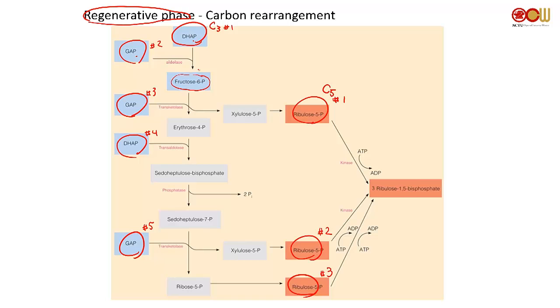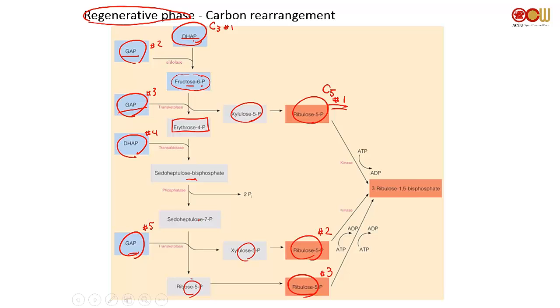Obviously, it's missing the fructose 1,6-bisphosphate. So you have DHAP plus G3P, it gives you F6P, and then you add another G3P. You get 1 C5, the first C5, and then E4P right here. You give it another 3 carbons, it becomes a 7 carbon, and then the 7 carbon adds another 3, gives you 2 C5s.